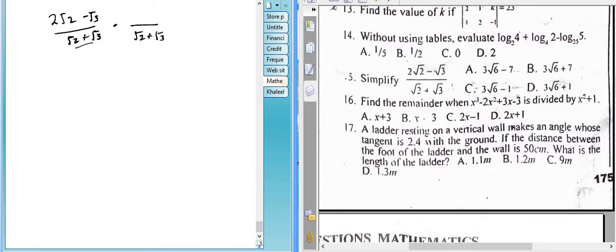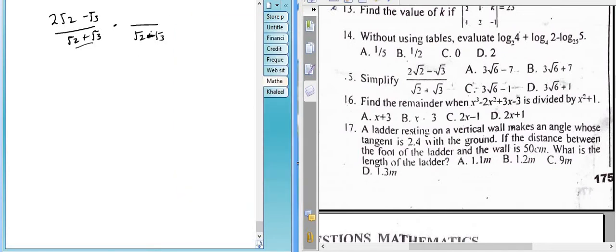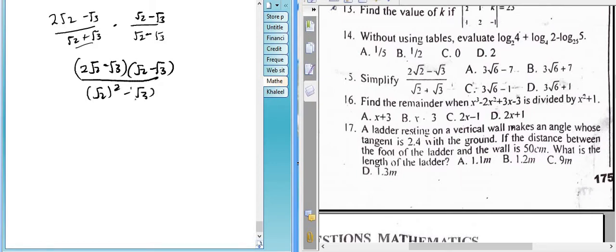Then here this one becomes negative, root 2 minus root 3. So this one times this one will be 2 root 2 minus root 3 into root 2 minus root 3, all over the difference of two squares, root 2 square minus root 3 square.